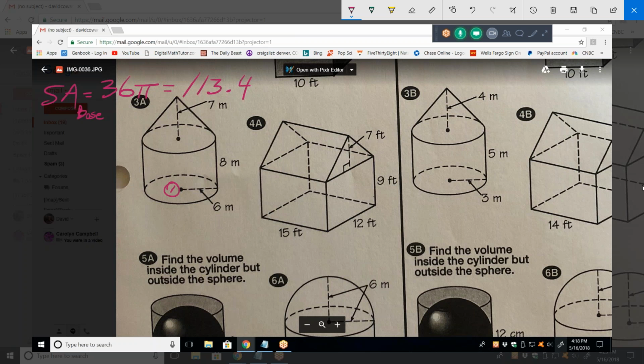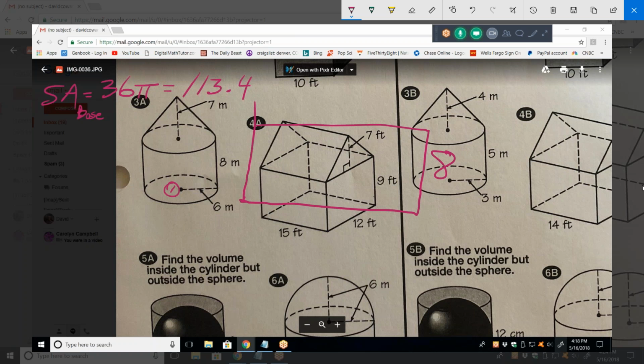First of all, assume that that's a label around a juice can. If I peeled that label off, it would be a rectangle, correct? Yes. What's the height of that rectangle? 8 meters.